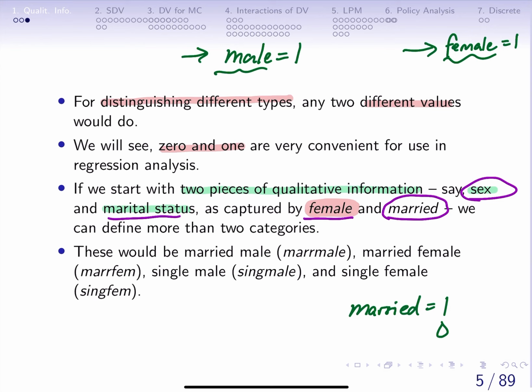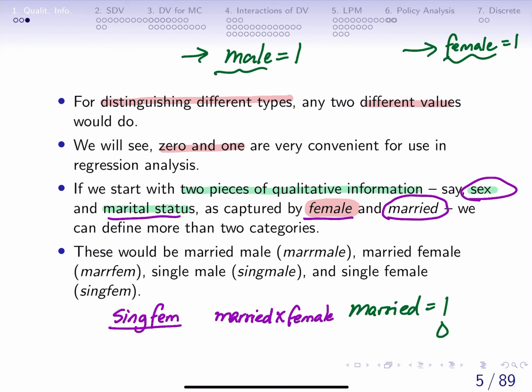If you create a variable which is single female, you're interacting 2 variables, married times female.